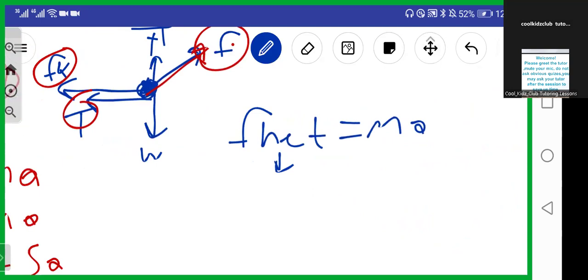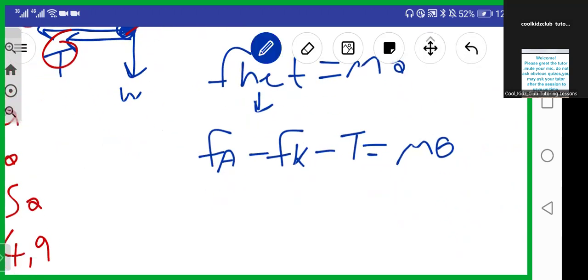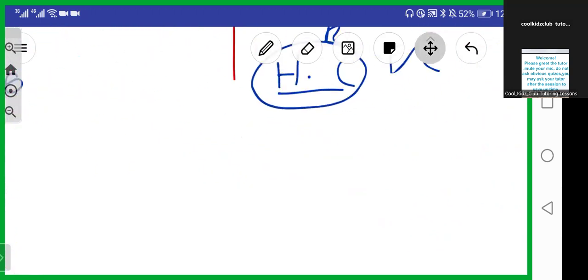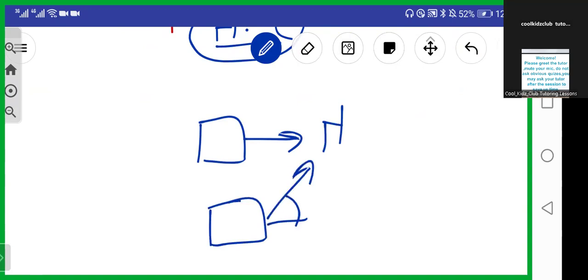So it's going to the right. Our applied force is going to the right. It will have a positive sign. And then now the FK is going to the left. We're going to give it a negative sign. The tension is going to the left. We're going to give it a negative sign. Then now the F applied, remember that there is a difference between a box being pulled in that way and a box being pulled at a certain angle.